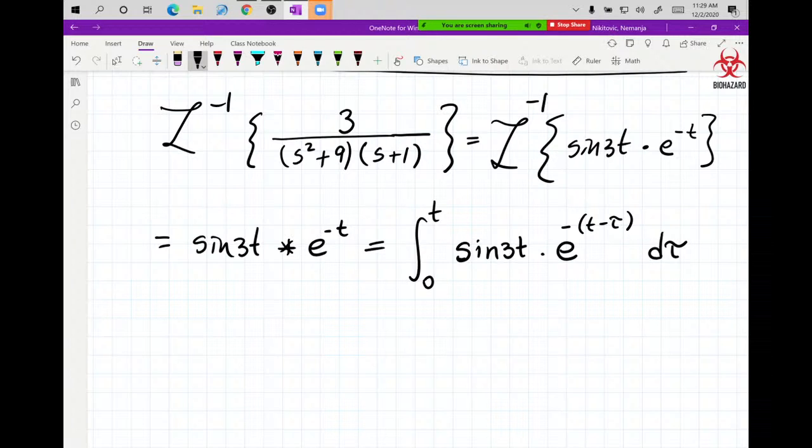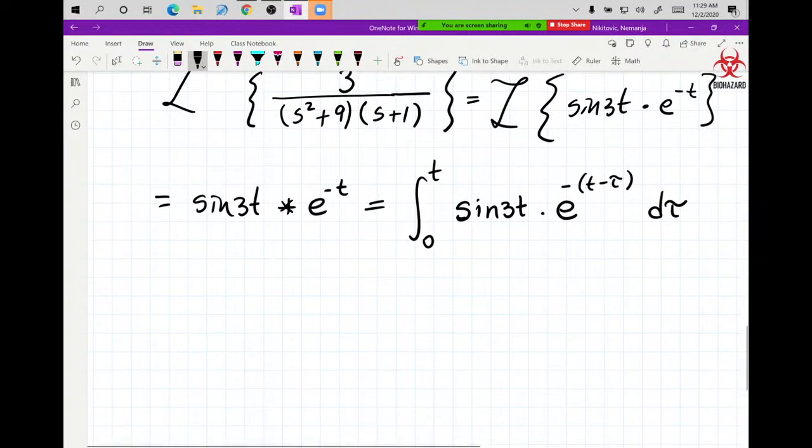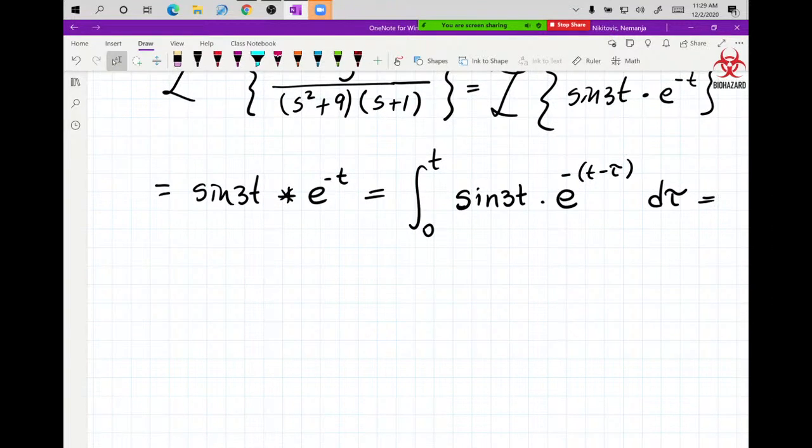And now we get to solve this problem, and hopefully you're already dreading it, right? Because this is integration by parts with that trick. Let me just see what we get. Over here we get times e to the tau minus t, actually, in this case, because the negative will distribute, so they would switch their spots.